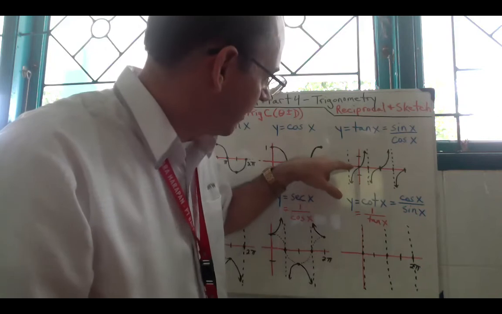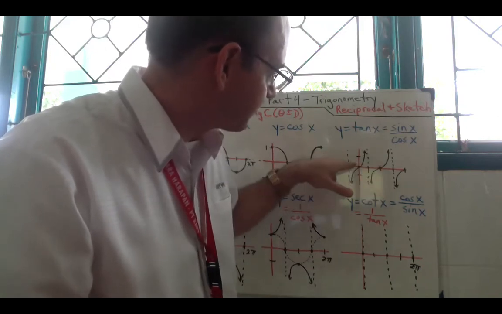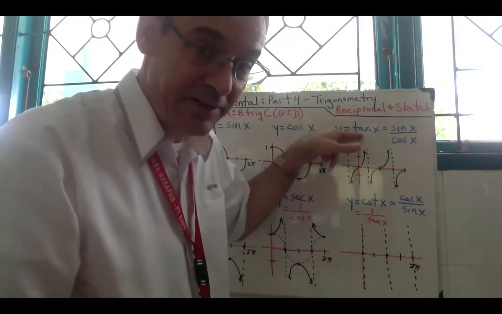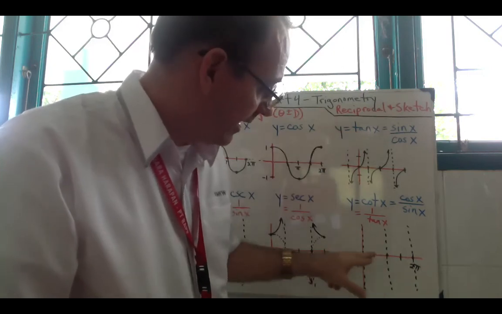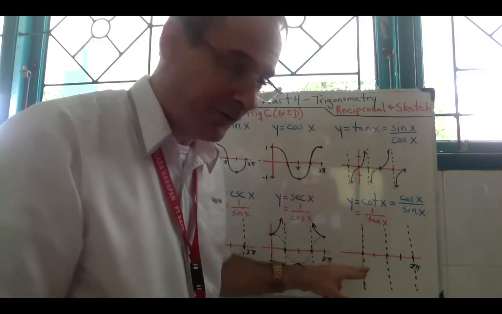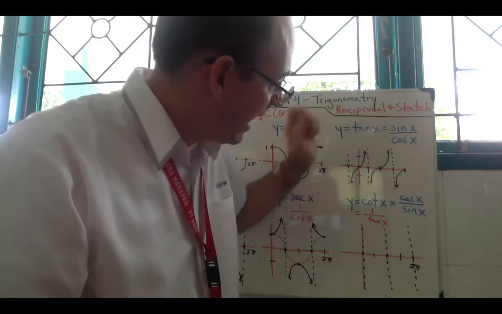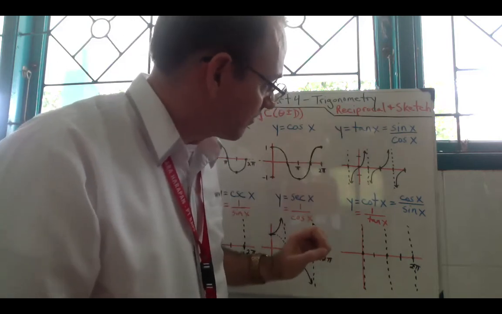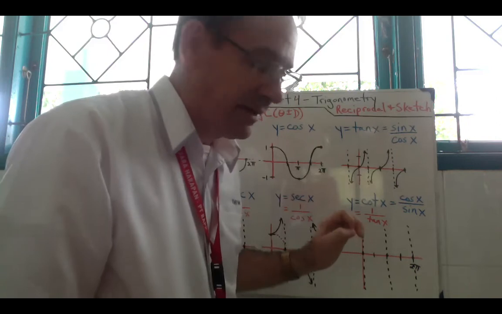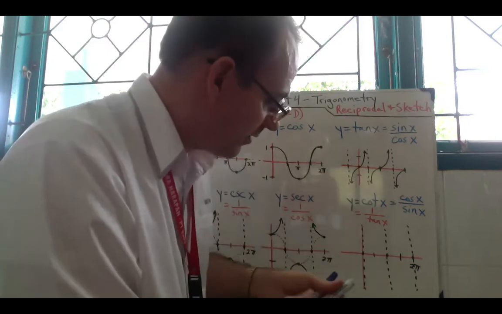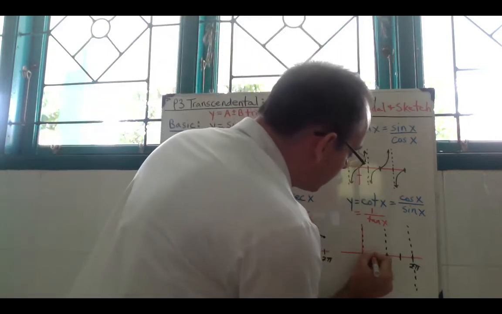Can you follow that? So where there's a zero in the original, the basic function, there will be an asymptote in the reciprocal function. Where there's an asymptote in the basic function, there will be zeros in our reciprocal function.